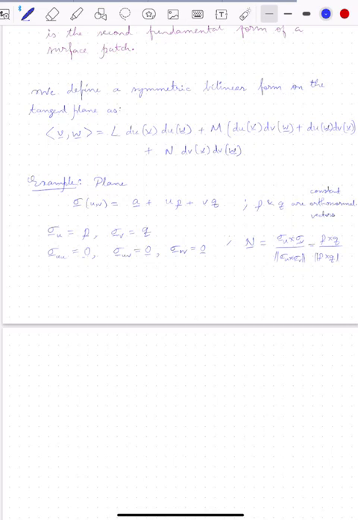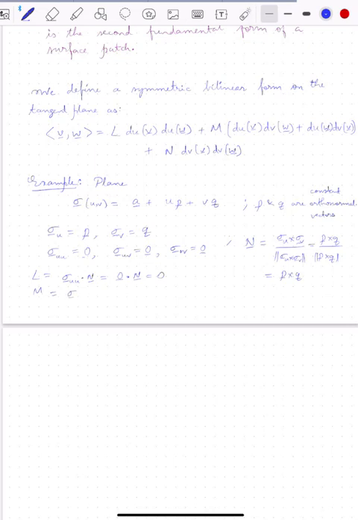And since they are orthonormal, the norm of the cross product is just the product of norms, so this is just P cross Q. Now L here is sigma UU dot N. This gives us 0 dot N vector, which is just 0.